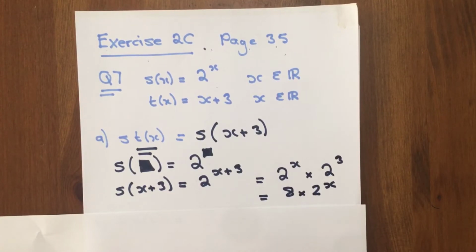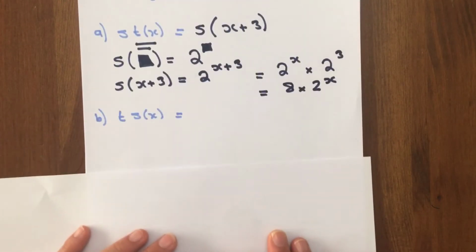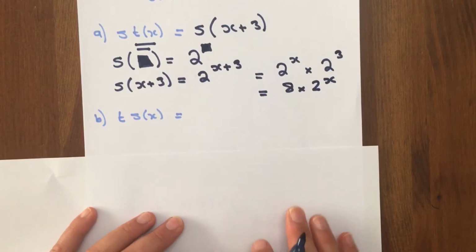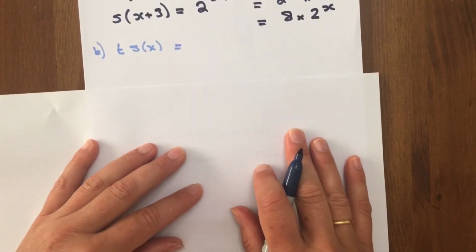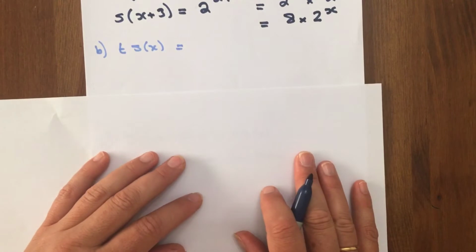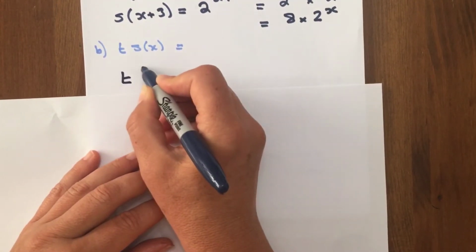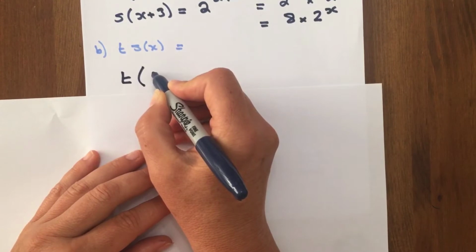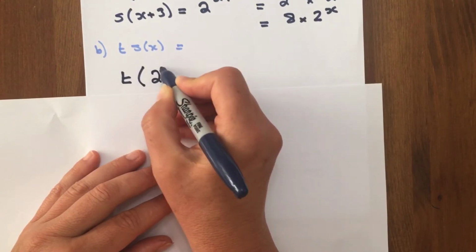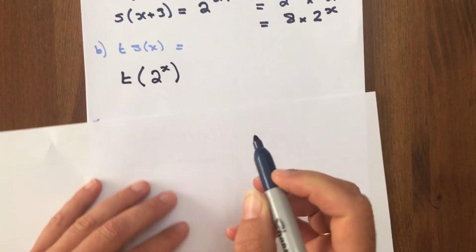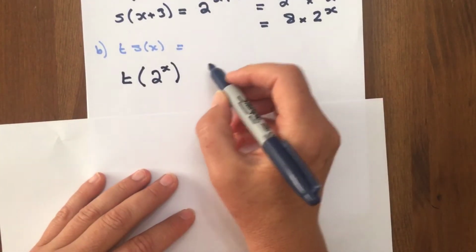Okay, part B, which I know some of you got stuck on, working out T S to the X. So we want to do T on whatever S to the X is, and S to the X is this function. Now what does T do?